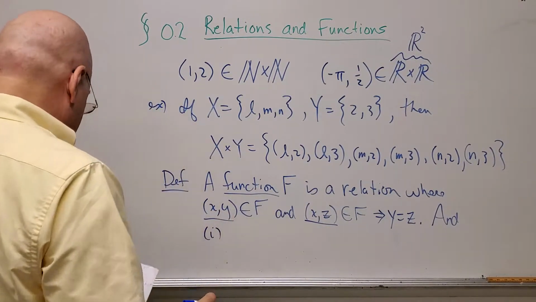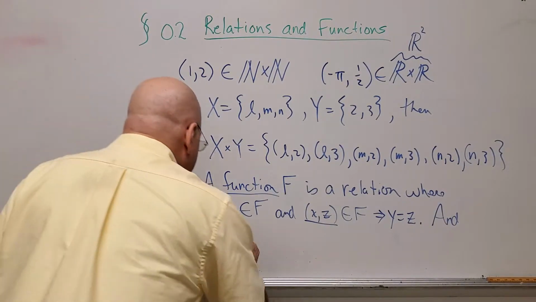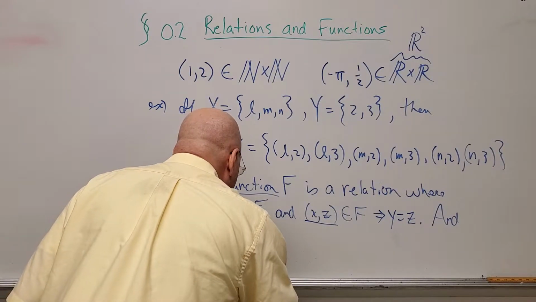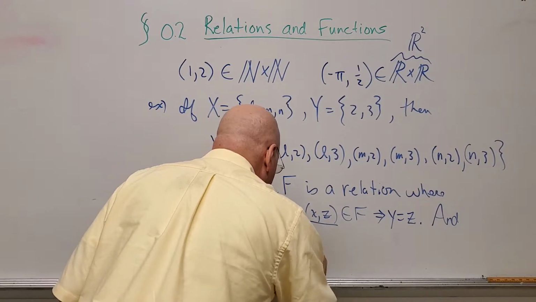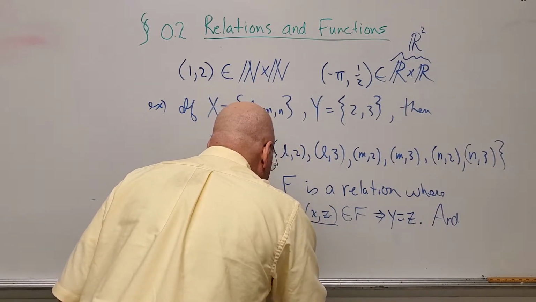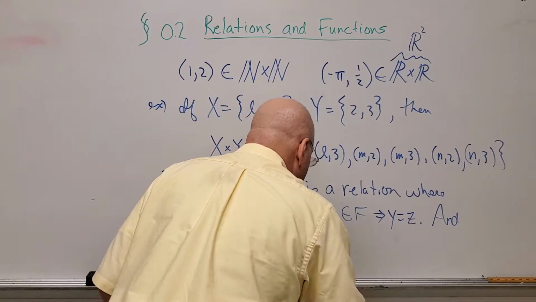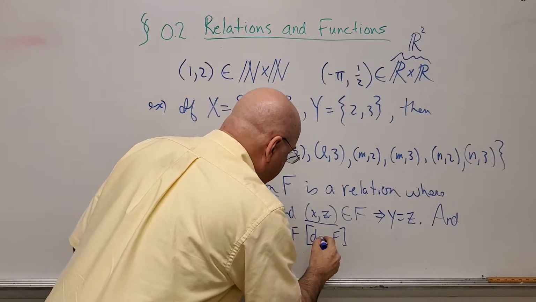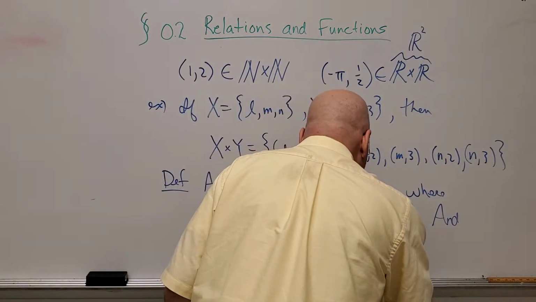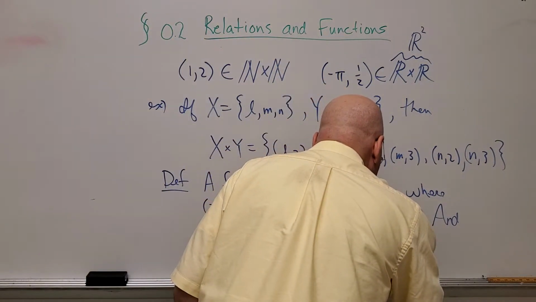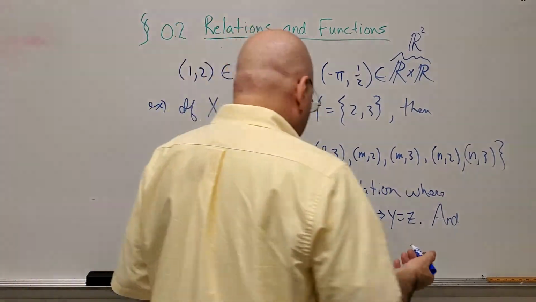Okay, I'm going to define the domain and the range or image of a function. See if I can squeeze it down here. The domain, which I'm going to abbreviate usually like this, with DOM of f, domain, is equal to the set of all x elements such that (x, y) is in the function for some y.